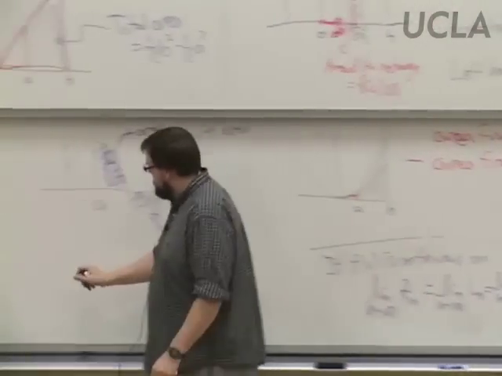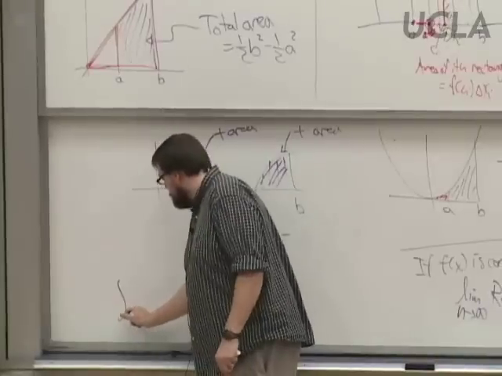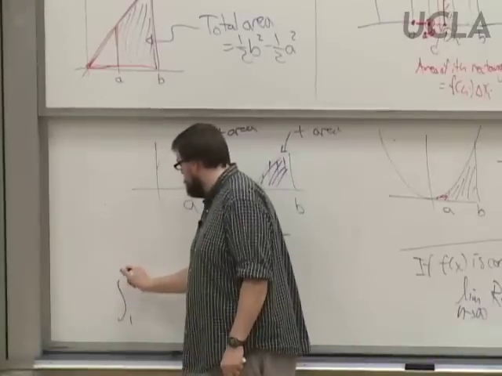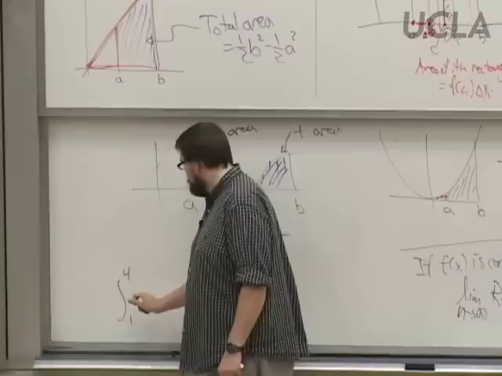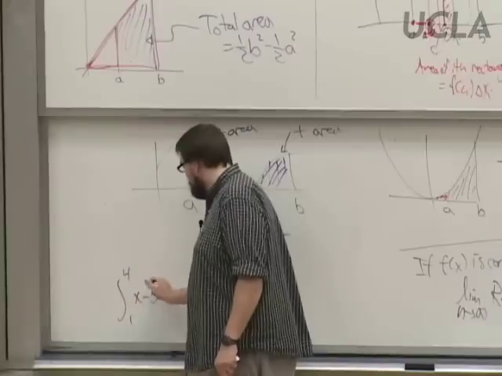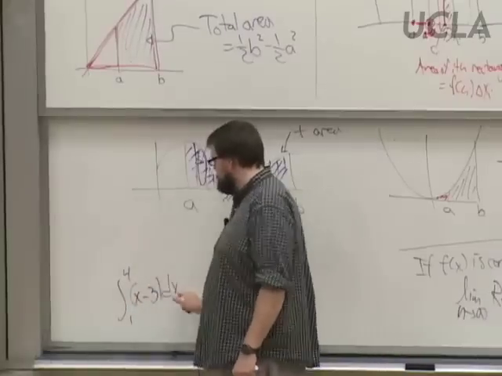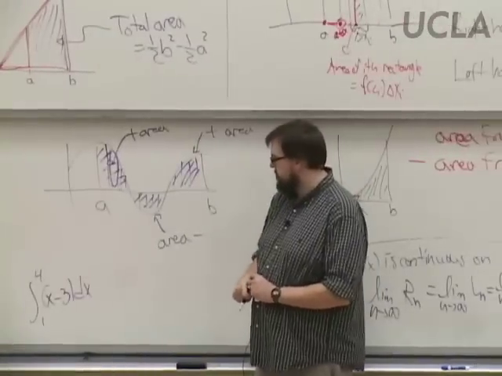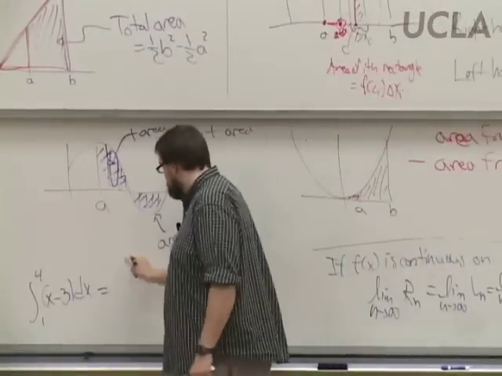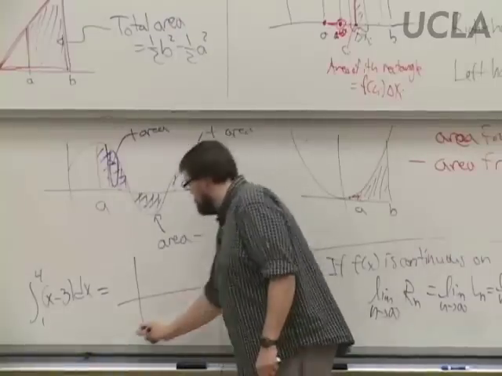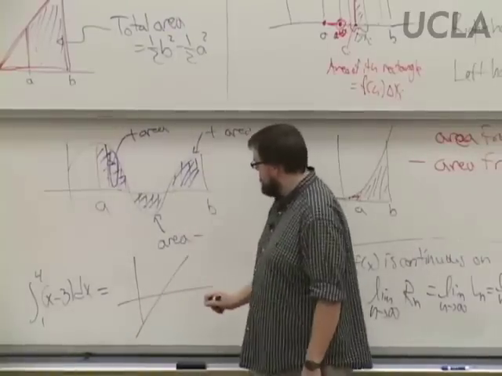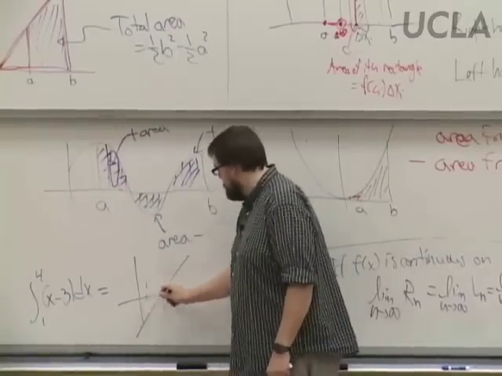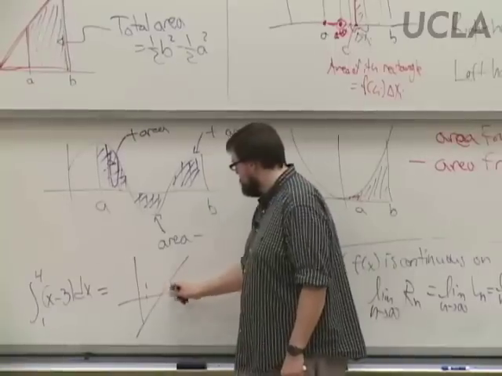So, for instance, suppose I ask you, what is the integral from 1 to 4 of x minus 3 dx? Well, I look at the picture. I know x minus 3 looks something like this, where 1 is over here and 4 is over here.